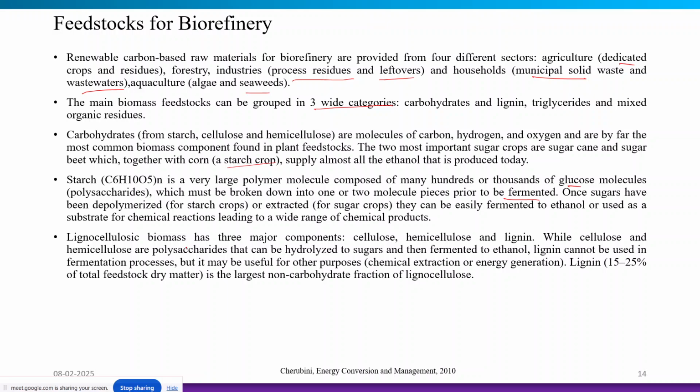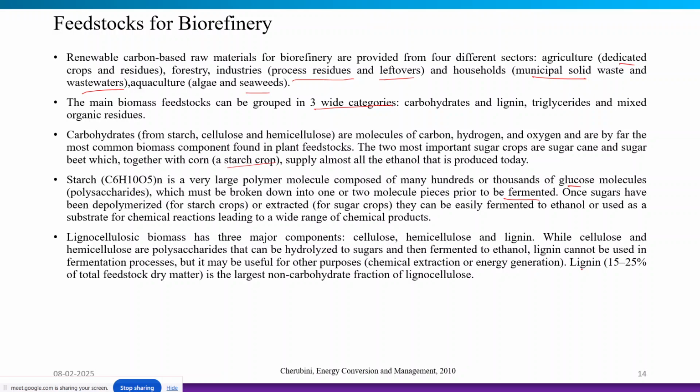So the lignocellulosic biomass, which is readily available in the market, has three major components: cellulose, hemicellulose, and lignin. While cellulose and hemicellulose are polysaccharides that can be hydrolyzed easily to sugars and later fermented easily to ethanol, the lignin content cannot be used directly in the fermentation process, but it may be used in other processes like chemical extraction or energy generation.